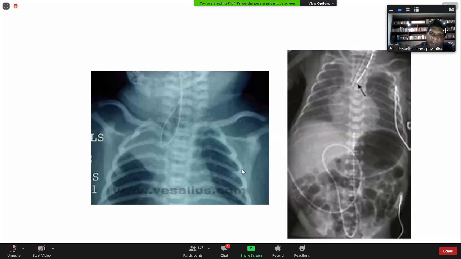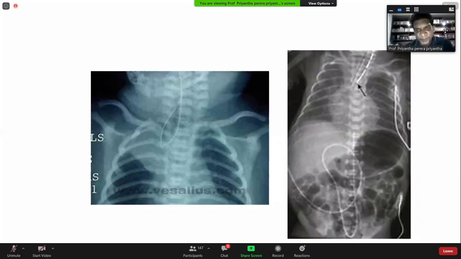In this second X-ray, you can see the bubbles. Is it esophageal atresia with a fistula or without a fistula? What do you think? Fistula.